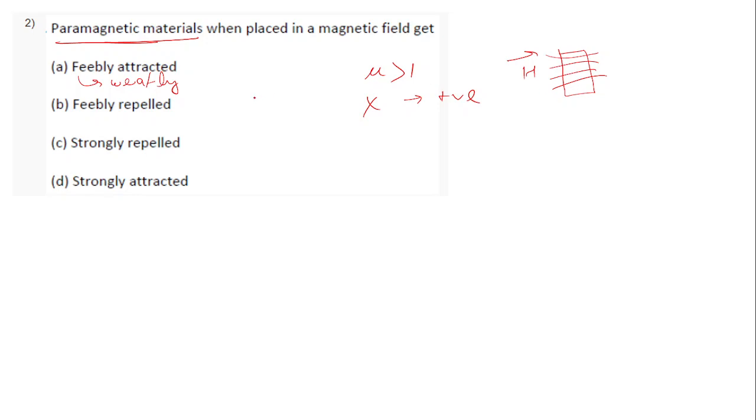So they get attracted. Weakly or strongly are relative terms. If we consider that ferromagnetic materials get strongly attracted, then we can say paramagnetic materials are feebly attracted when placed in a magnetic field. I think A is the correct option.